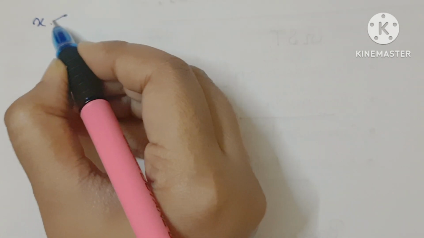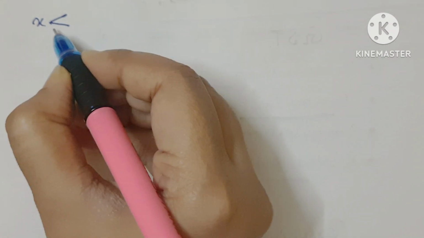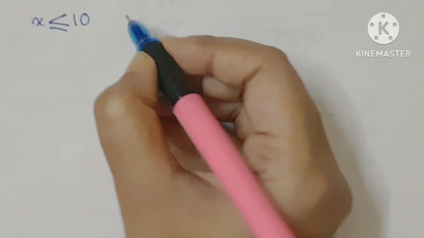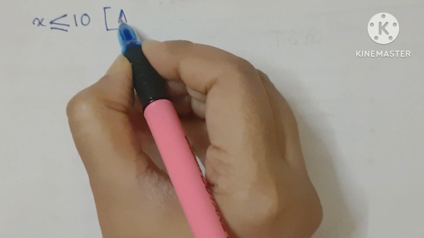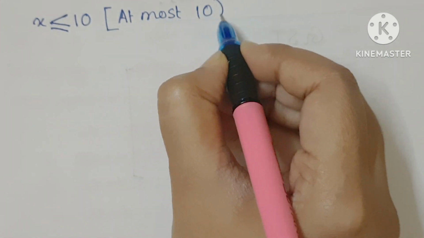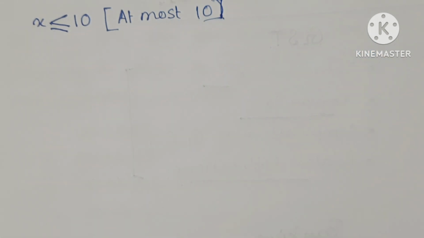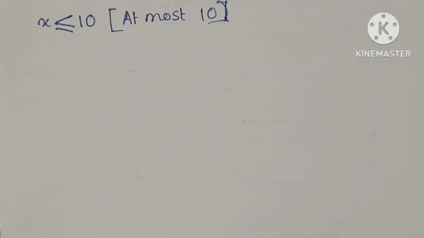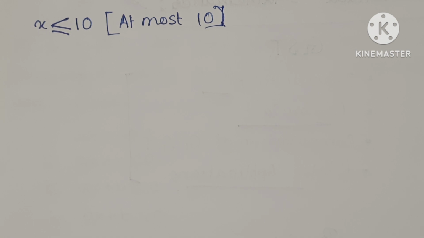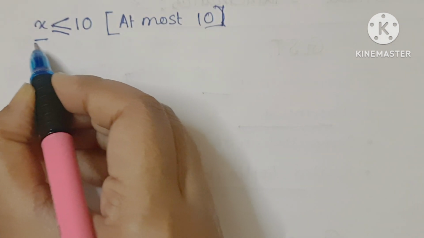That can be less than 10 or equal to 10, because it is stated at most 10. So here it is a variable.